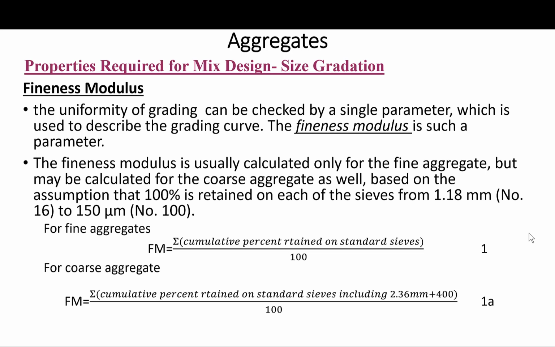Where the standard sieves used are the 150 micrometer, number 100, the 300 micrometer, number 50, the 600 micrometer, number 30, the 1.18 millimeter, number 16, 2.36 millimeter, number 8, and the 4.75 millimeter, number 4, the 9.5 millimeter, the 3/8 of an inch, 19 millimeter, 3/4, 37.5 millimeter, the 1.5 inch, and larger, increasing in size ratio 2:1.